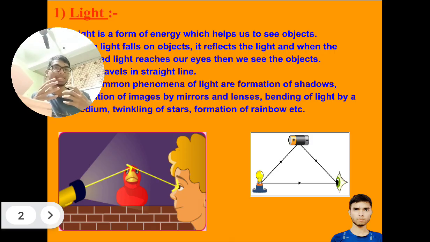How do we get lights? This is another question. From this figure, you can easily say we can observe light because electricity is provided to the electrical device.